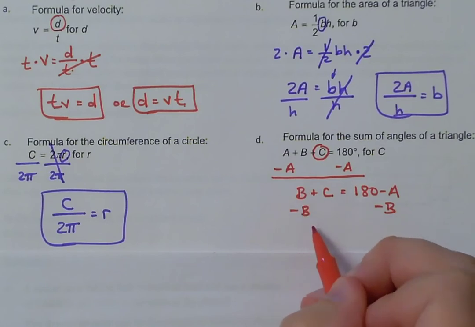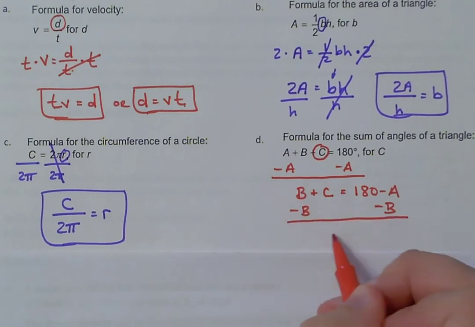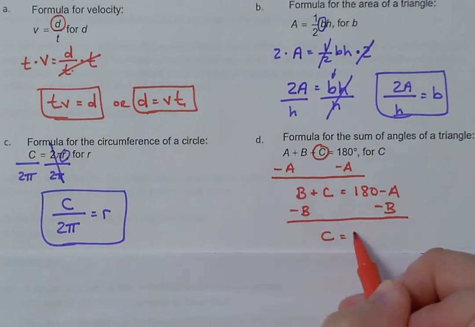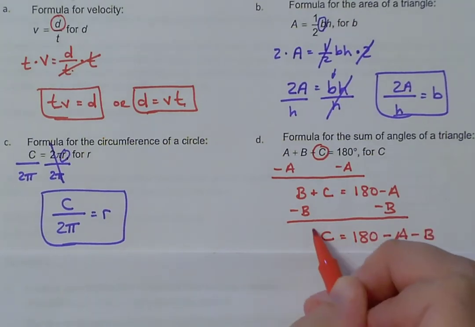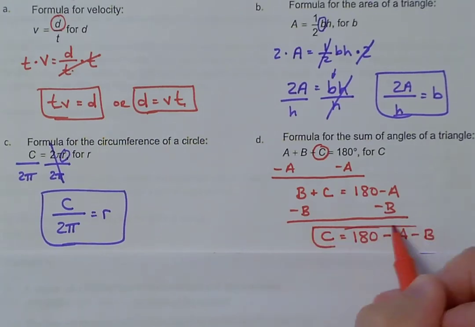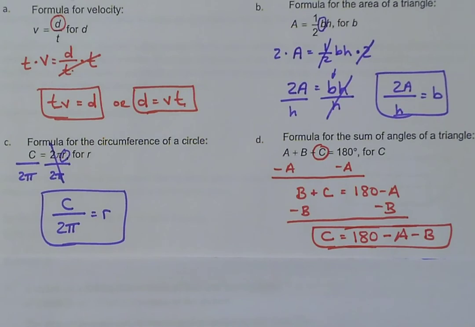I subtract B because it's positive. And we end up with C equals 180 minus A minus B. And that is our answer for example 2D for isolating C in the formula for the sum of angles in a triangle.